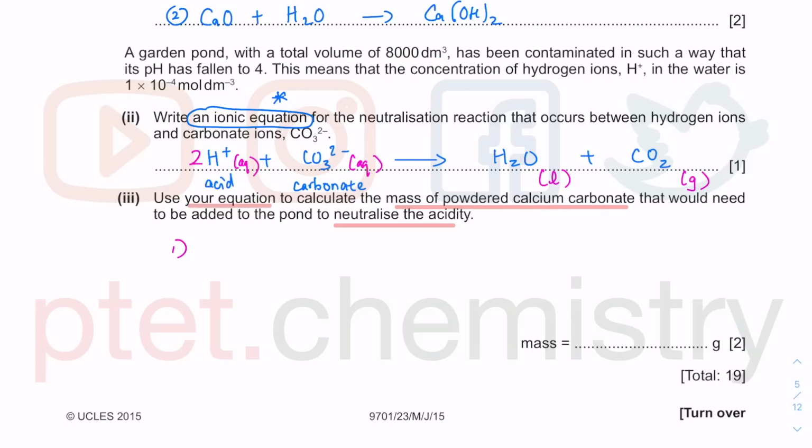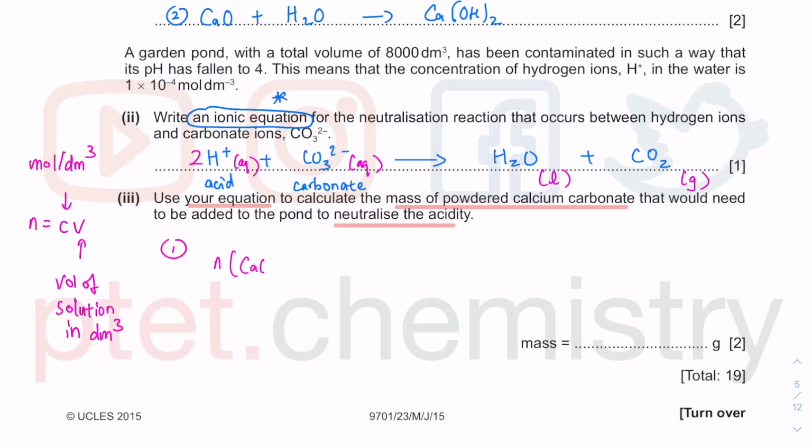So the first thing you can do is find the mole of the acid, which we know n equals CV, where C is mole per dm cube, and V is volume of solution in dm cube, because mole per dm cube must be multiplied by dm cube for the unit to cancel out. So what I normally do is to compare the mole ratio directly.